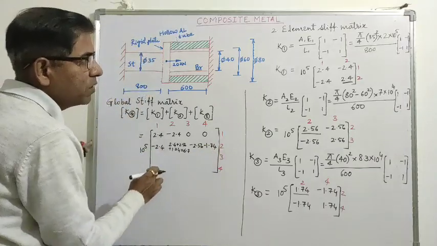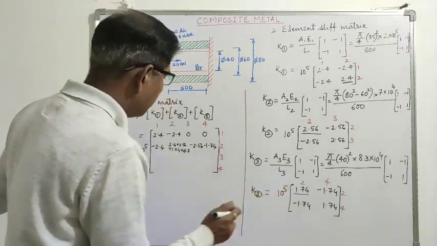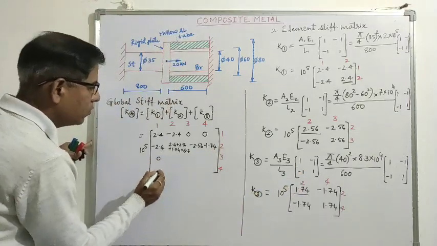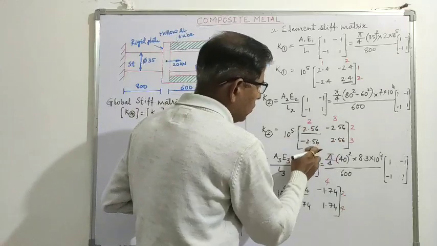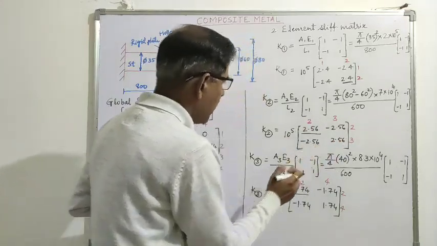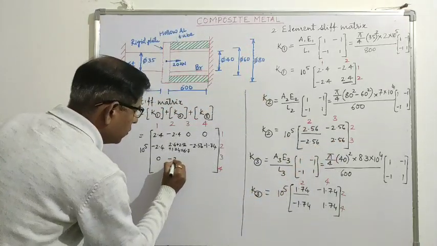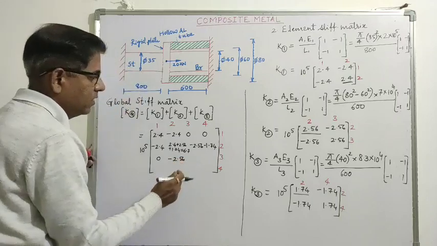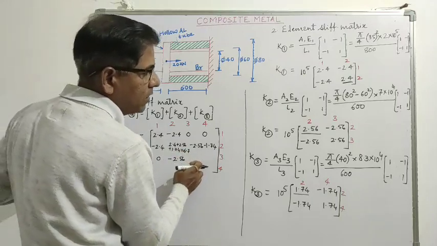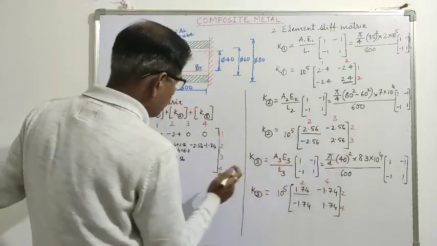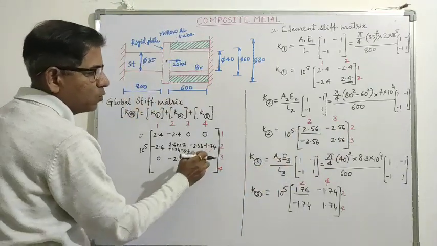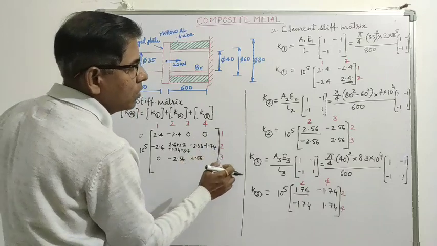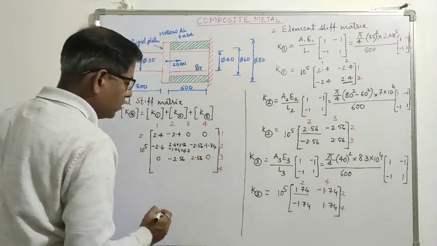Then row 3, column 1 is not there, so it will be 0. Then row 3, column 2 is minus 2.56. Then row 3, column 3 is 2.56. And row 3, column 4 is not there, so 0.